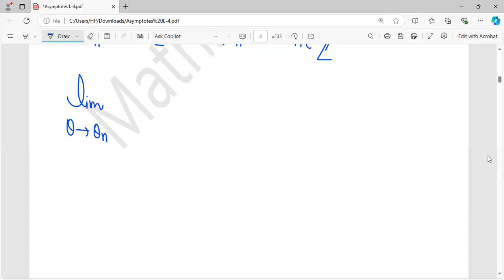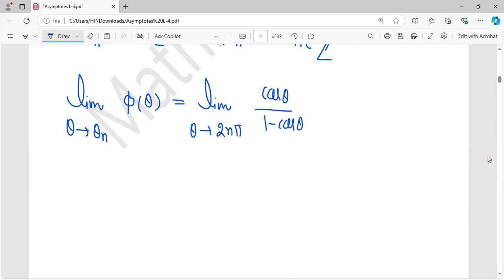Okay. So theta tends to theta n. What is the limit of phi theta as theta tends to 2n pi? This is cos theta upon 1 minus cos theta. So this is plus minus infinity.